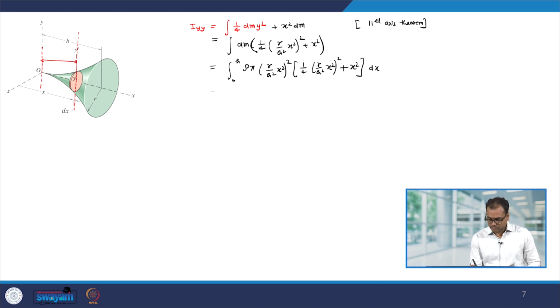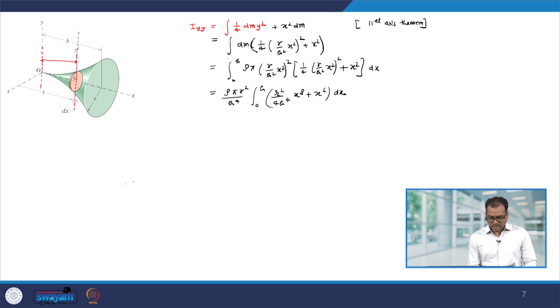So, this I can rewrite as rho pi r square over h to the power 4, all of them are constant, limit 0 to h, r square over 4 h to the power 4 x to the power 8 plus x to the power 6 dx.